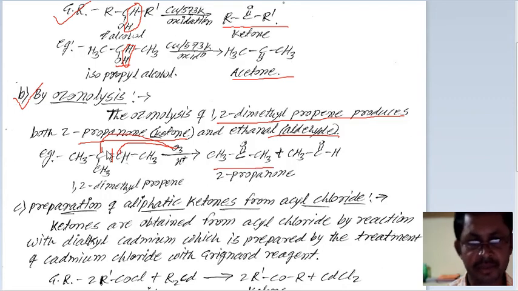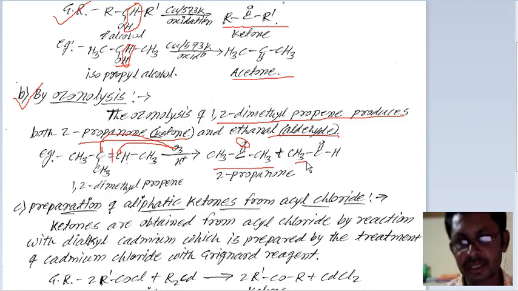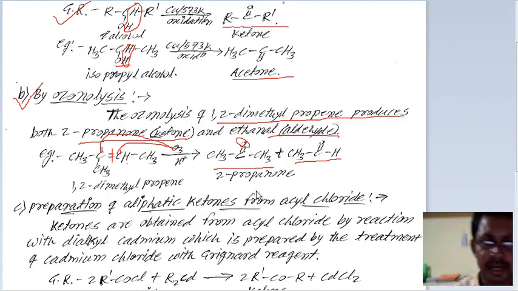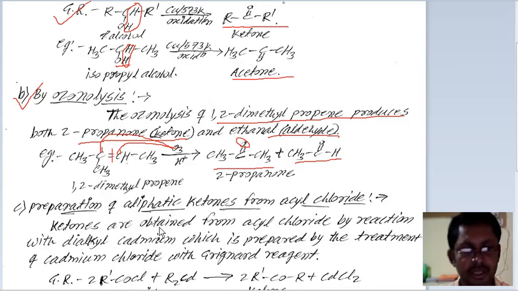One is CH3COCH3, a ketone, propanone. The second is CH3CHO, ethanal. We get ethanal and propanone, an aldehyde and a ketone, in that reaction.